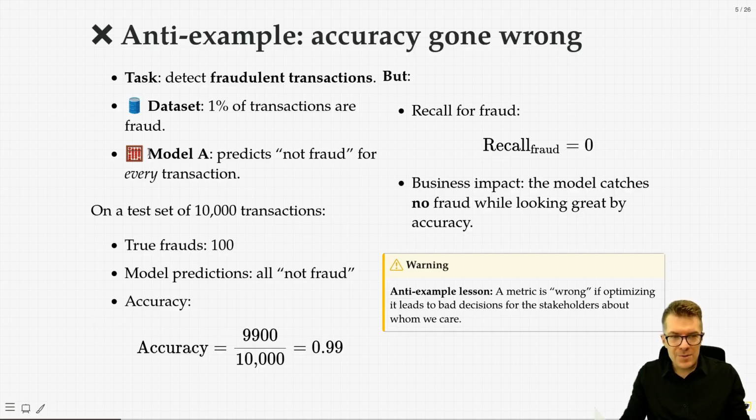Now we have this model, call it model A, that doesn't learn anything. The only thing it does is predict not fraud for every transaction. Maybe whoever designed model A looked at the proportions of fraud versus not fraud in this data set. They determined that 99% of the time there's not fraud, so I can do pretty well by just assuming that it's not fraud.